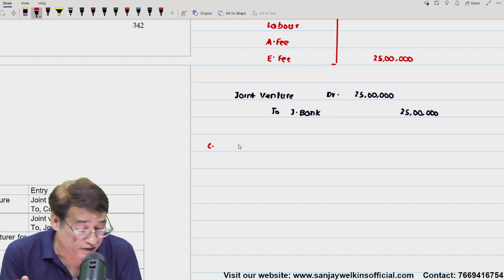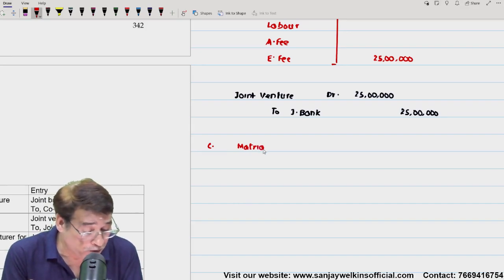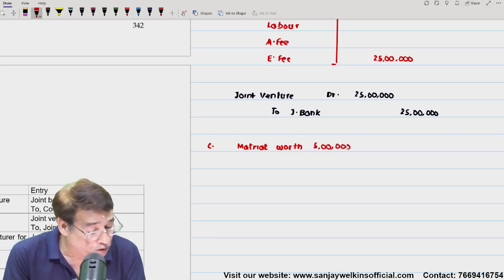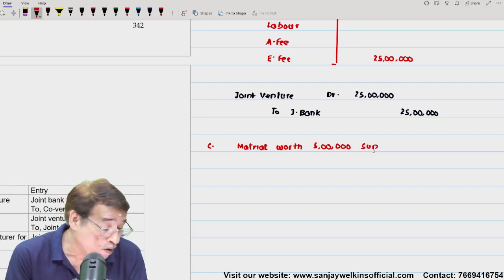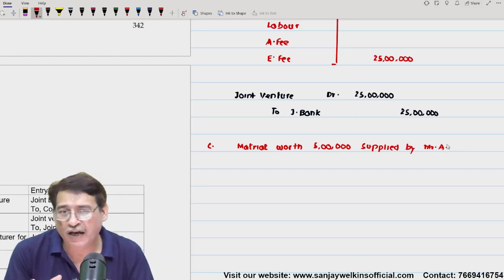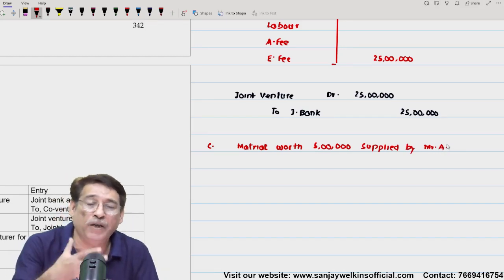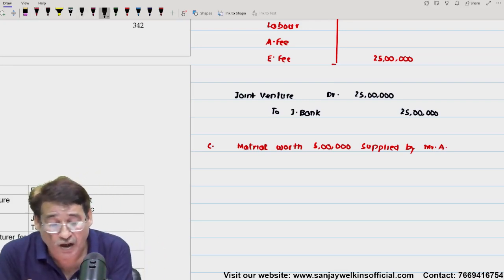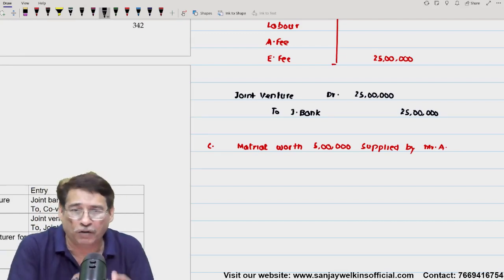Let us say here I have written material worth 5 lakhs supplied by Mr. A. Directly or indirectly, it means these expenses have been incurred by A for the purpose of joint venture. So sometimes a co-venturer will supply the material for the purpose of joint venture.